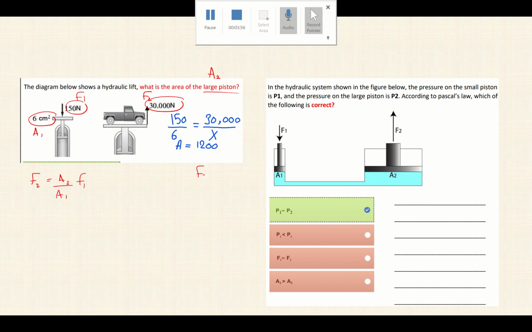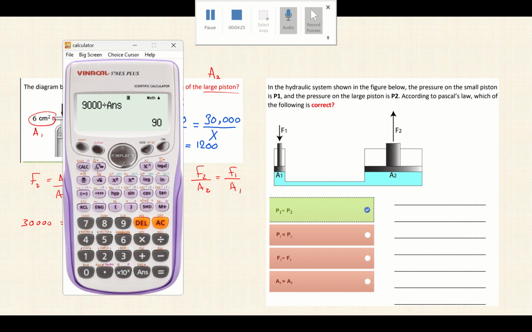You might also see the equation in this form. Whether you substitute in the first form or the second one, it's going to give you the same answer. So 30,000 equals A2, which is the unknown, over A1, which is 6 centimeters squared, multiplied by F1, which is 30,000 newtons.